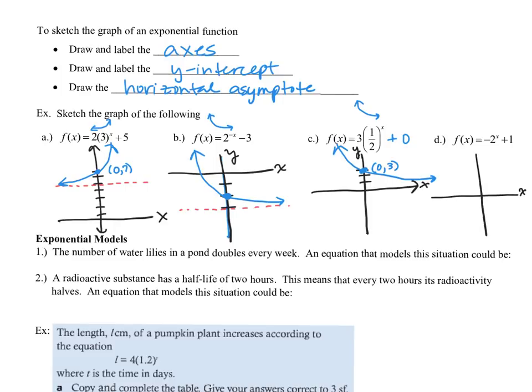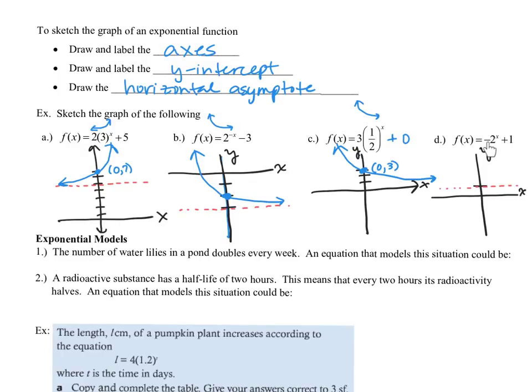So let's get our axes. Here's the x-axis, here's the y-axis. Our horizontal asymptote is going to be at the line y equals c, so that would be y equals 1. So let's go ahead and draw that horizontal asymptote. And then the y-intercept is at 0, k plus c.